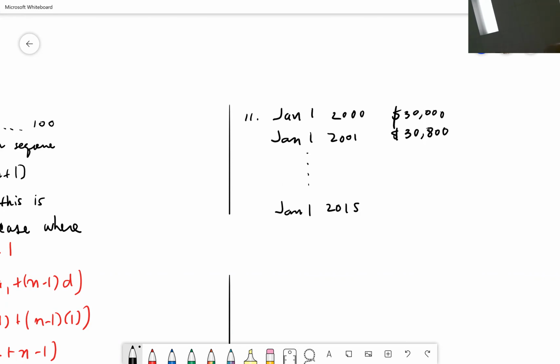So January 1, 2015. So that would be 16. So from 2000 to 2015, there are 16 years. It must be miserable. He remains on this salary until he retires on 31 December. How much will he earn during his lifetime? So his pay scale will give him an increase of $800 per annum on the 1st of January until January 2015.